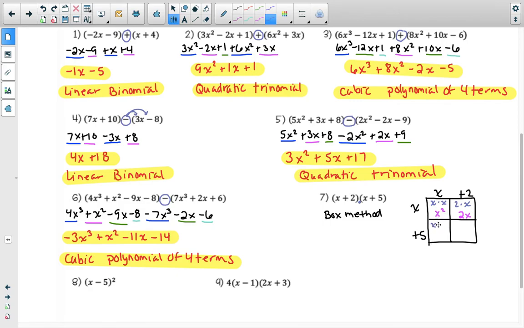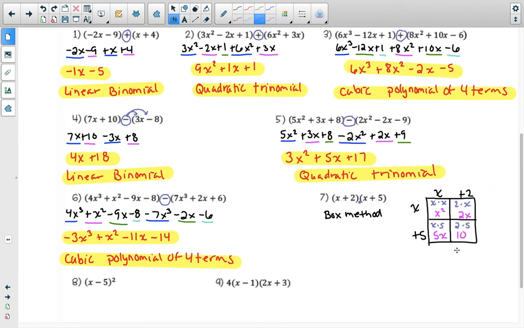So this is an x times a positive 5, which is 5x. This last box is the same width as a positive 2, and this is the same length as this positive 5. So this is really a 2 times the 5. Positive 2 times a positive 5, which is a positive 10.